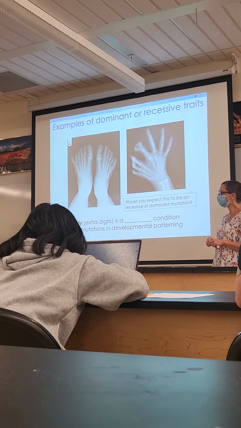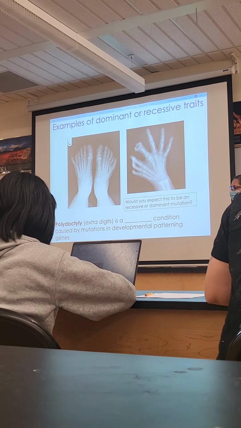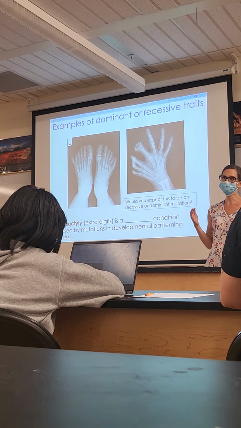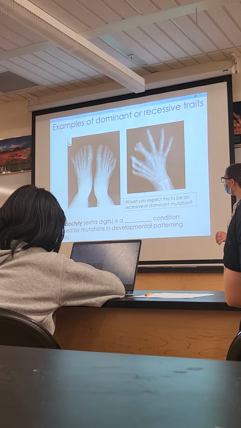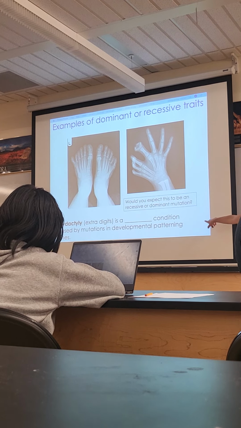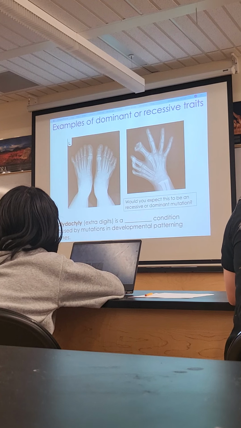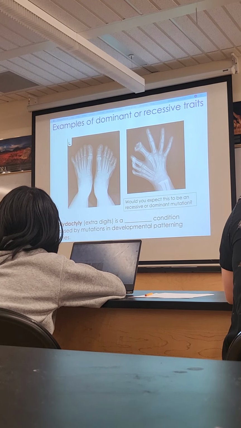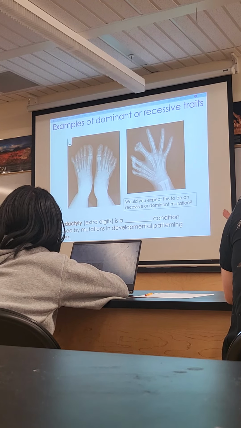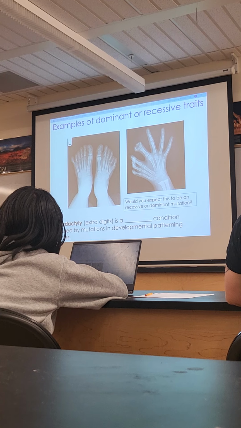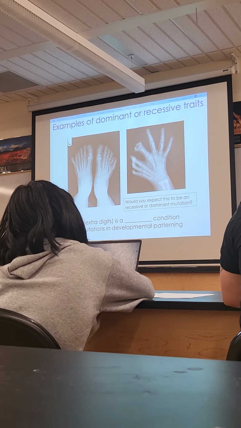It is caused by mutations in developmental patterning genes that are overactive, obviously, so they're creating more digits than they should. So based on that explanation, do we think it's recessive or dominant? Overactive. Dominant. Yeah, this is a dominant gene. People kind of associate dominance with common, right?